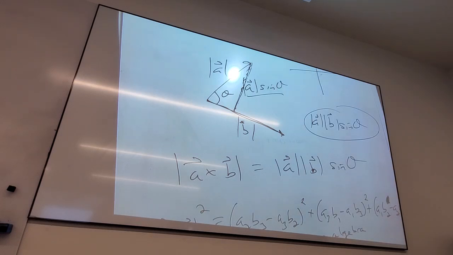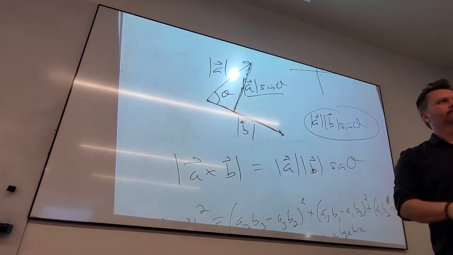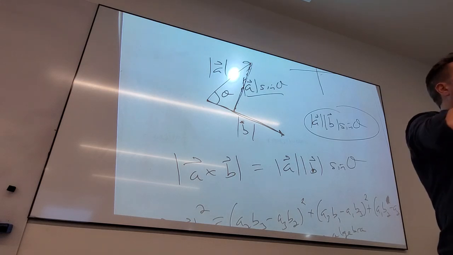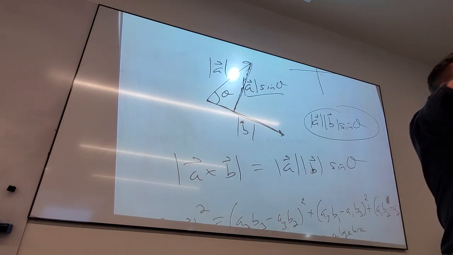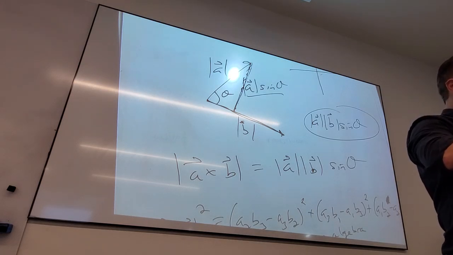Yes? Oh, I guess I have two questions now. I think what you were talking about, could we just use the dot product formula to determine the angle between those two, and then bring it to 90 degrees using the sine or cosine?